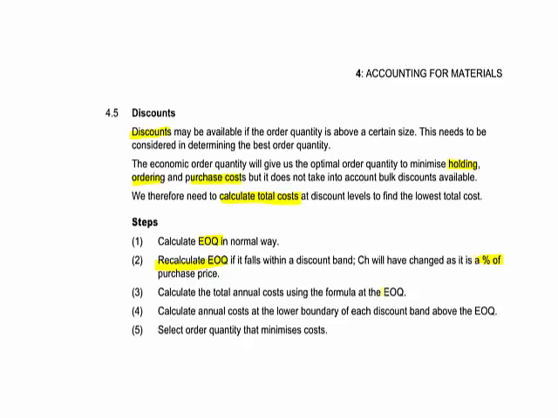So what we'll do then is we'll calculate what those annual holding costs will be using the EOQ, and then the revised EOQ that is, and then we'll calculate them at the lower boundary of each discount band above the EOQ so that we can choose the quantity which minimises cost. So these are the steps to work through, but they're much easier to see through an example. So that's what we're going to do now.